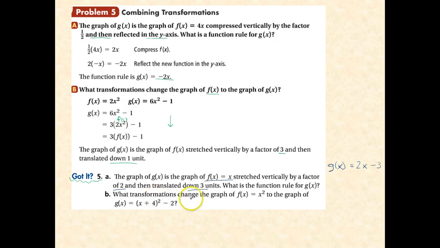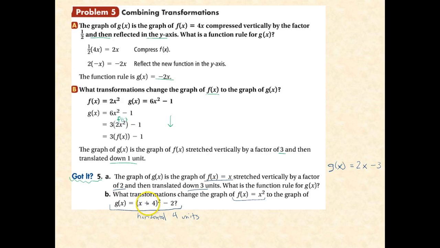And then B, what transformations change the graph of f of x equals x squared into the graph of g of x equals x plus 4 squared minus 2? All right, well, the plus 4 in there with the x, that is a horizontal translation 4 units. Now, is it to the right or the left?